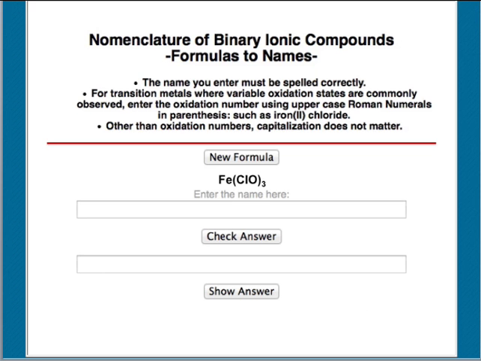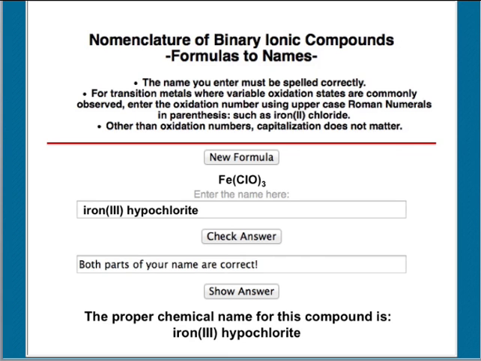Therefore, what's our charge on our iron? +3. Because we have 3 of the hypochlorites to make it neutral. So this must be +3, and we have 3 -1s here. So this is going to be iron(III) hypochlorite. Any questions?